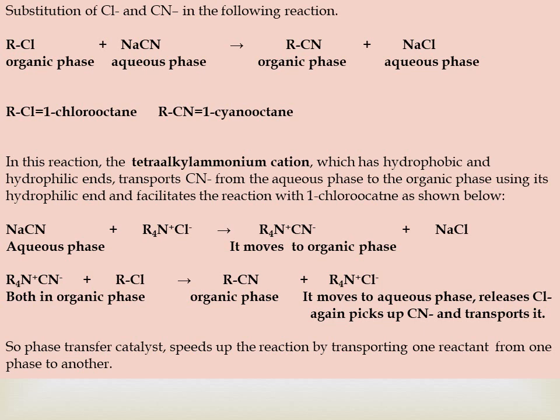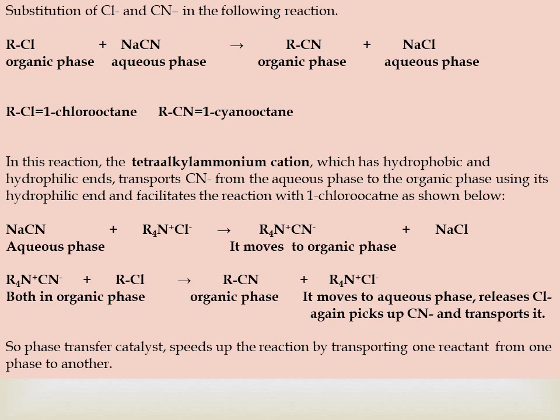This R4N+ CN-, that is tetraalkyl ammonium cyanide, moves to the organic phase from the aqueous phase and reacts with the alkyl halide present in the organic phase, and it will transfer the cyanide ion to the Cl- ion. Cl- ion gets displaced. It is a nucleophilic substitution reaction. So RCl gets converted to RCN, alkyl cyanide, which remains in the organic phase.